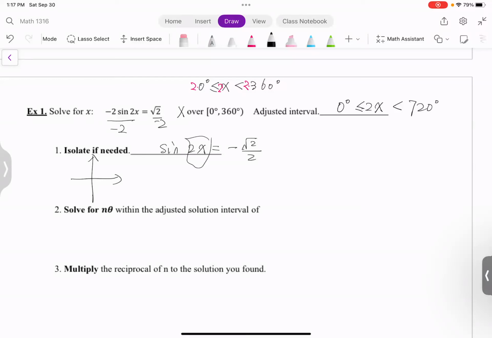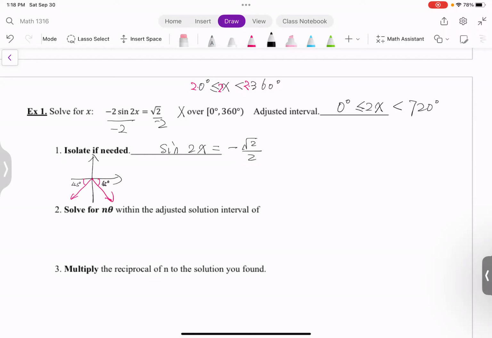Because I need to solve for 2x first. My 2x must be in these two quadrants because the sign is negative. And what is the reference angle here? Because of the square root of 2 over 2, my reference angle is 45 degrees. So we have 45 here, 45 here.